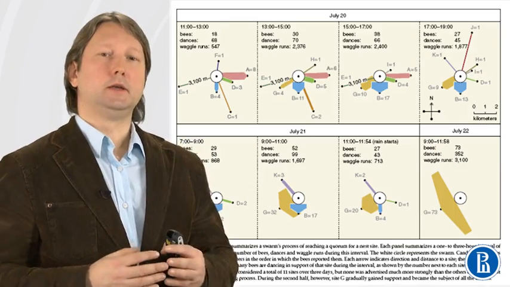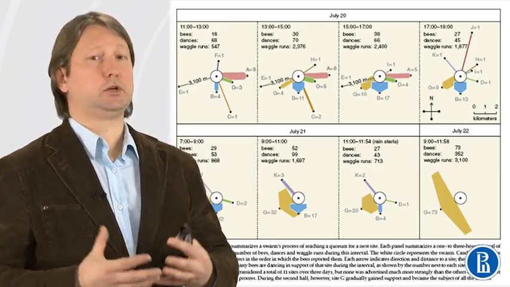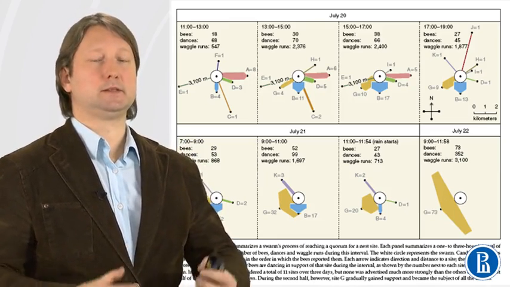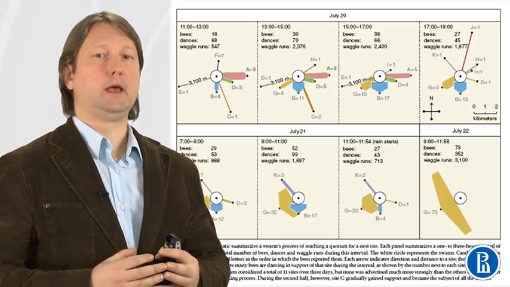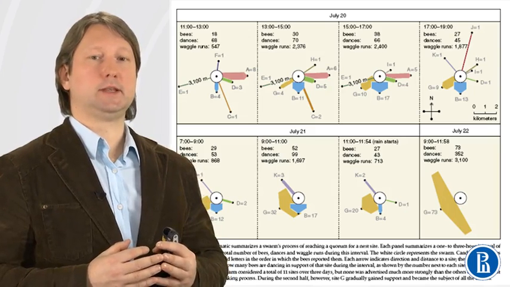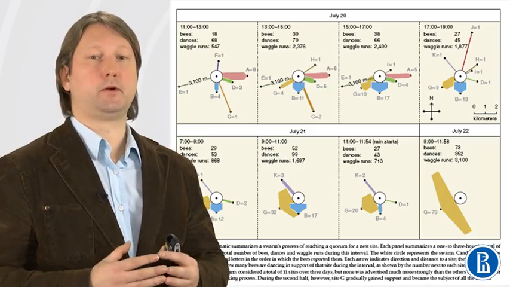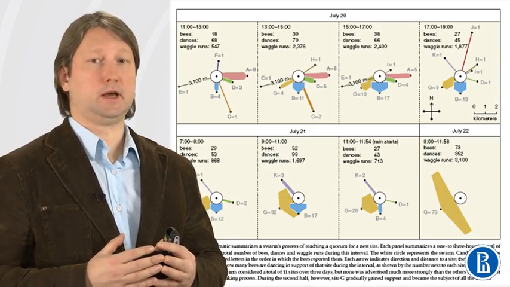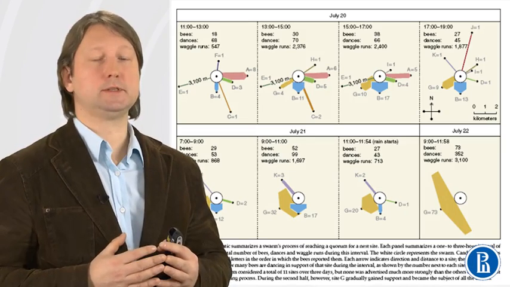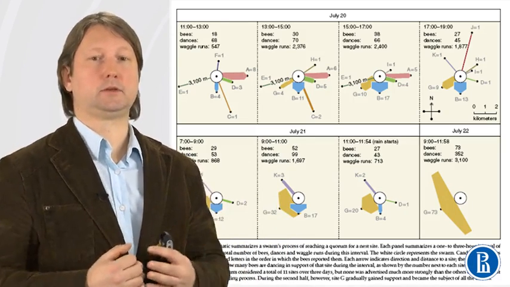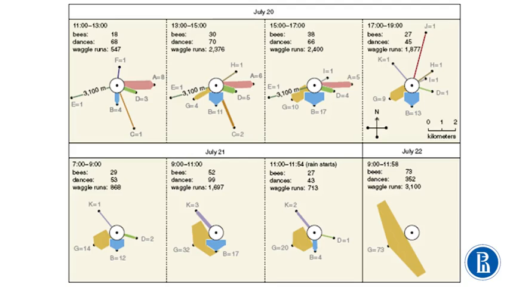So here you see the actual results investigating this group decision process. Each color indicates the dance for a certain direction. The size of the line indicates the number of scouts dancing for a certain direction. So you see, for example, that at 11 o'clock there are 8 scouts dancing for the east direction, and there are other scouts advertising other directions.